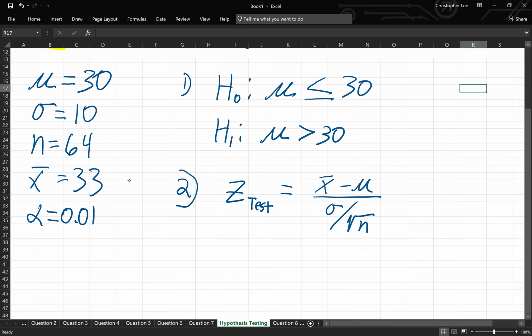We have the numbers right here. This is so simple. It's not even fair. 33 minus 30 divided by the standard deviation, which is 10, divided by the square root of n, which is 64. How simple is that? After that, just plug in the calculator. Give me the answer. What is it?